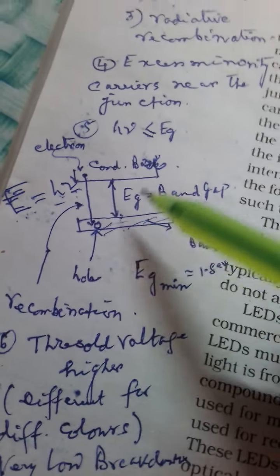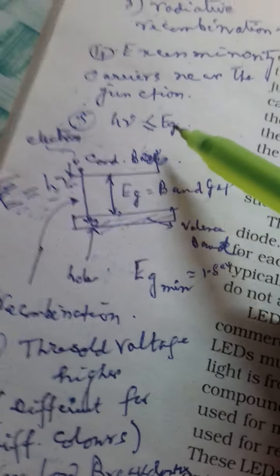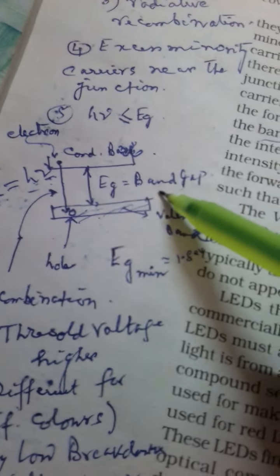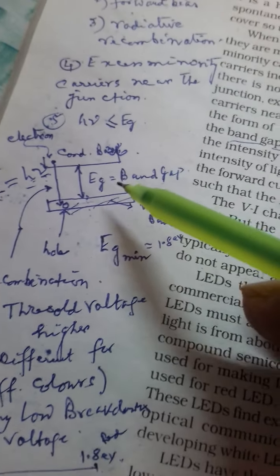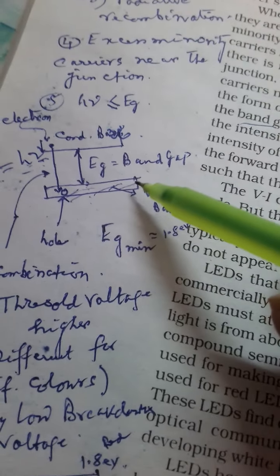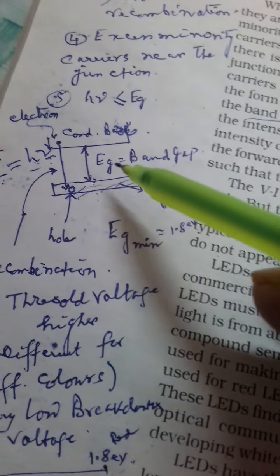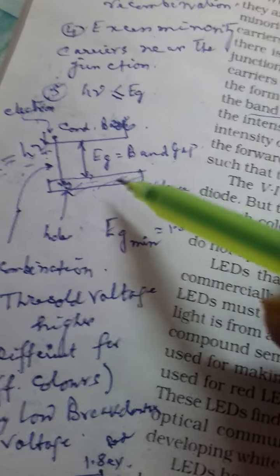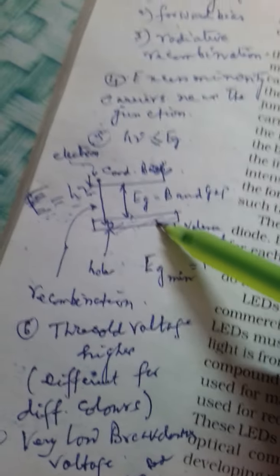The band gap may be higher, but the minimum should be 1.8, and in that case red light will be emitted, and if it is up to 3 electron volt, then violet light can be emitted. And say yellow light in the intermediate band gap.